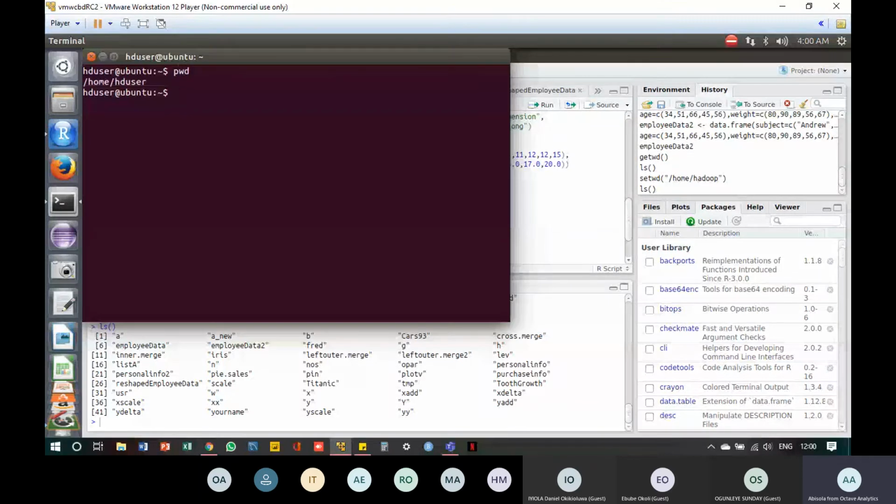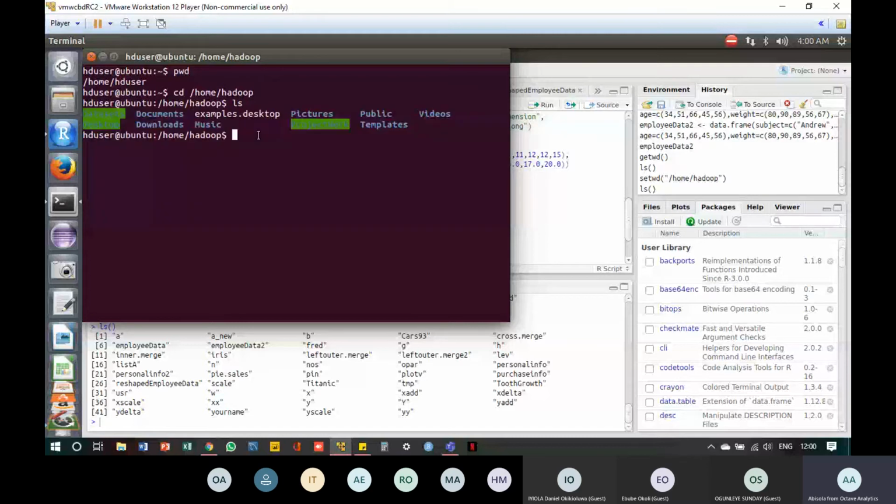Home/HD user. So we are in HD user. Let's set it to home/Hadoop. I hope the data is here. Okay, then let's check for the files available. Okay, we have data set. Let's check for the sub files.